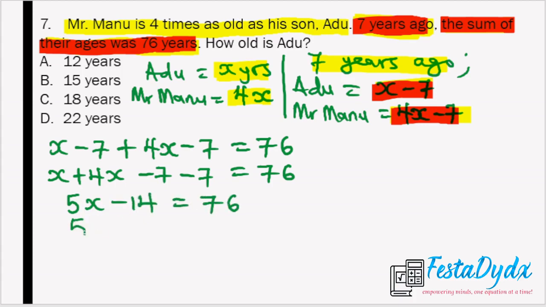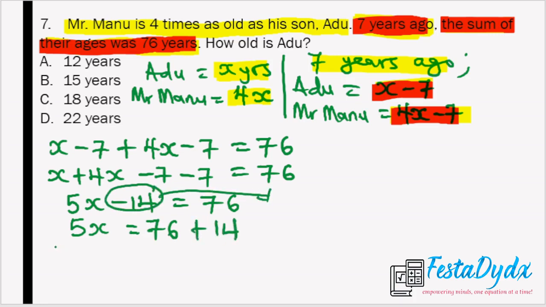So if I have 5x equal to 76, when minus 14 crosses the equation sign, it gives us plus 14. Now we have 5x is equal to 76 plus 14, which is 90. So when I divide both sides by 5, the value for x is equal to 90 divided by 5, which is 18.